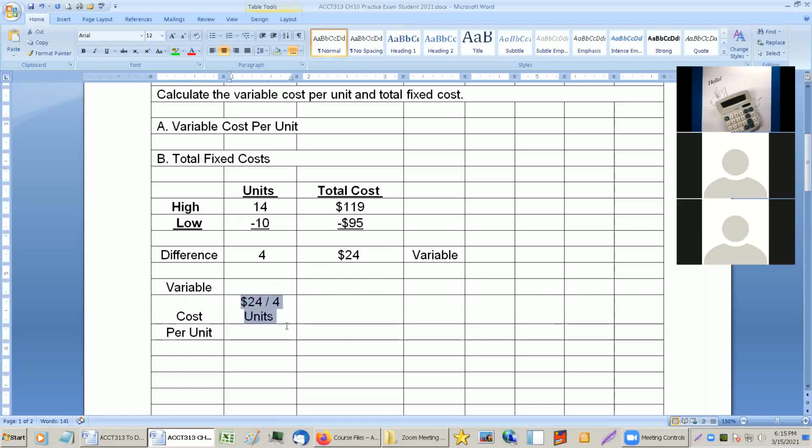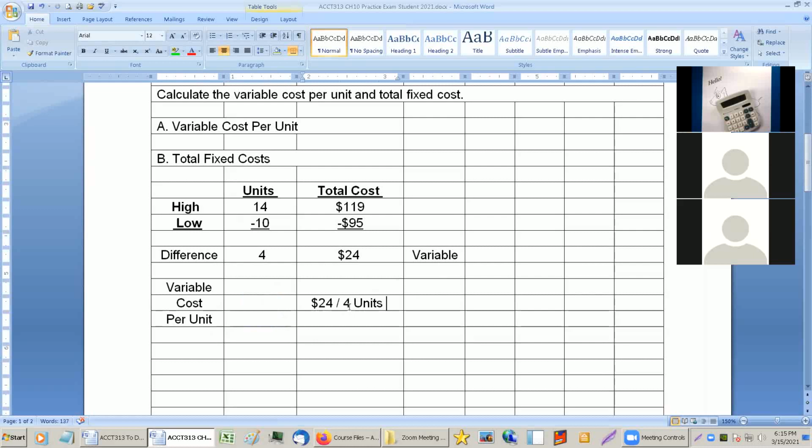That equals $6 per unit. You guys may want to make sure you check me. Okay, so this is the variable cost per unit.